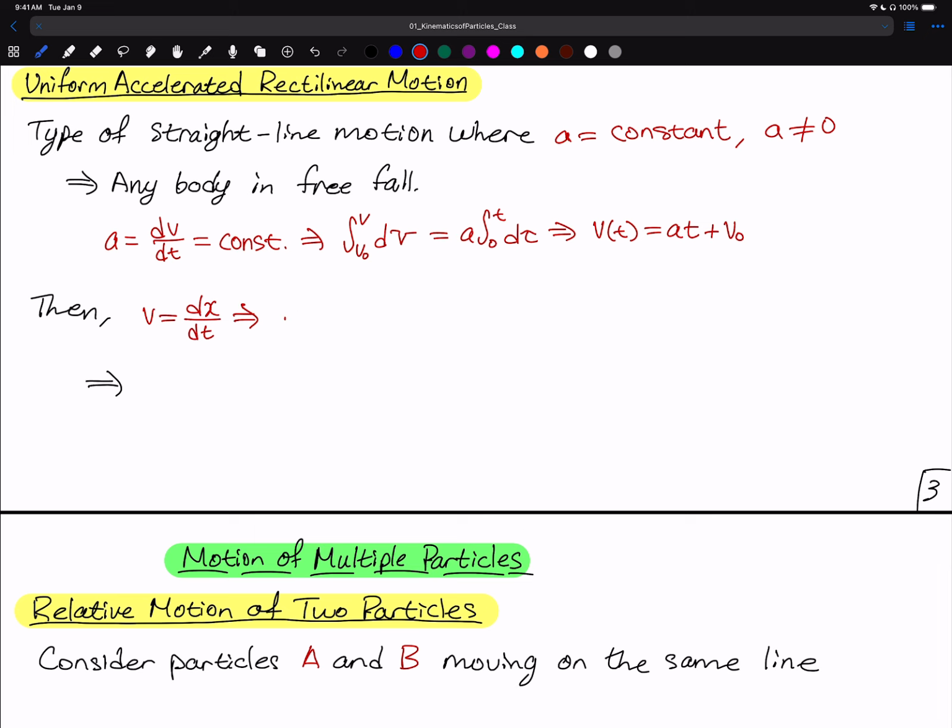But nevertheless, we will get that the integral from x0 to x of t is equal to the integral from 0 to t of (a tau plus v0), that's our velocity, d tau.